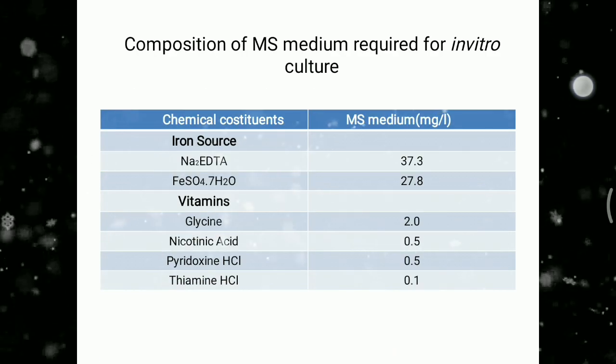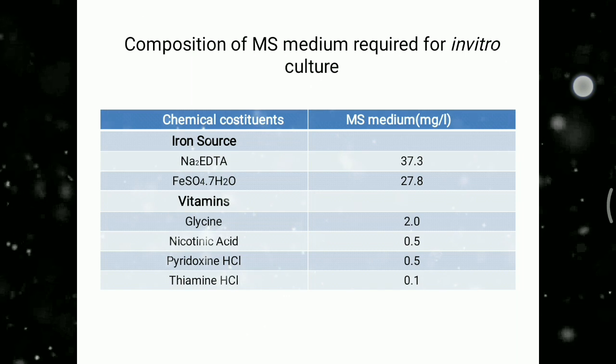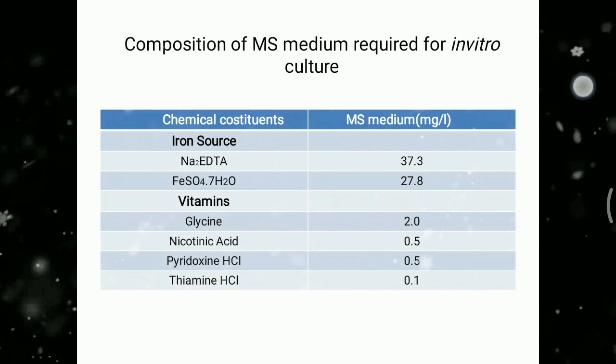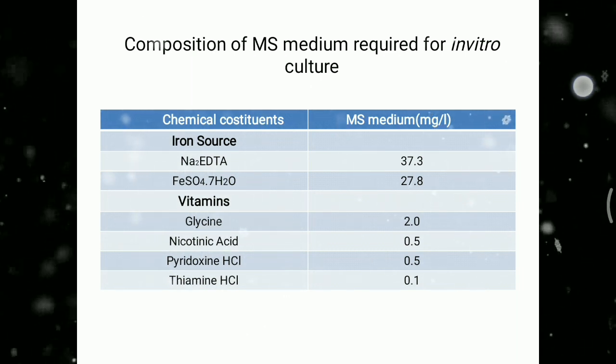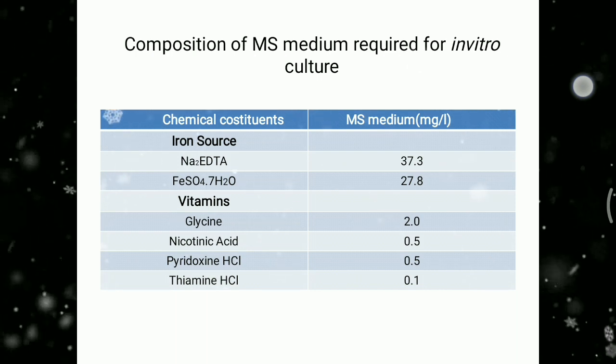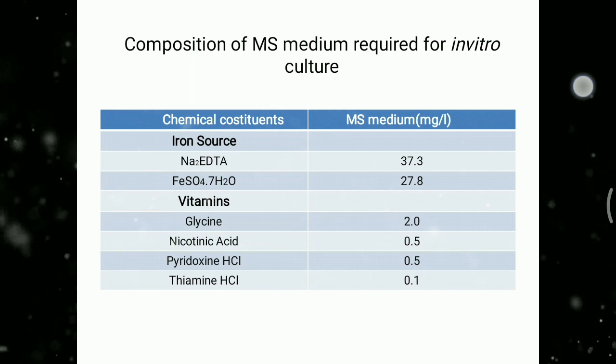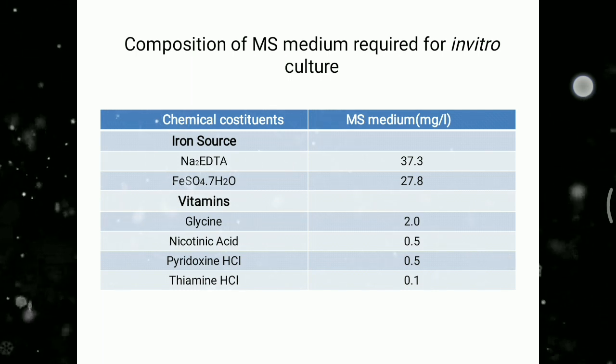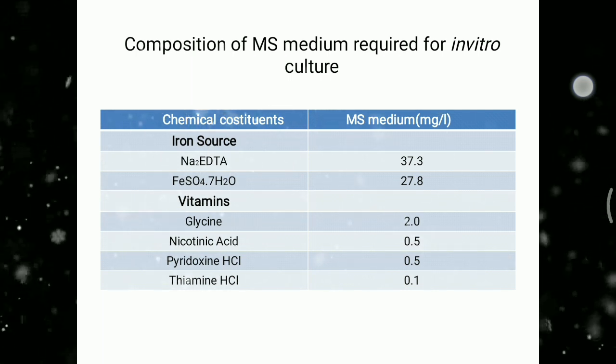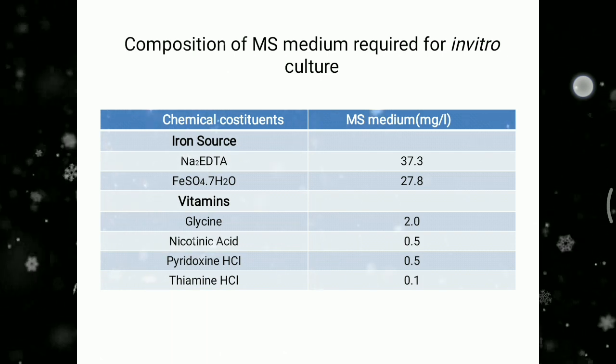And the chemical constituent may be an iron source, which is sodium EDTA and FeSO4 7H2O, and as vitamins we use glycine, nicotinic acid, pyridoxine HCl, and thiamine HCl.